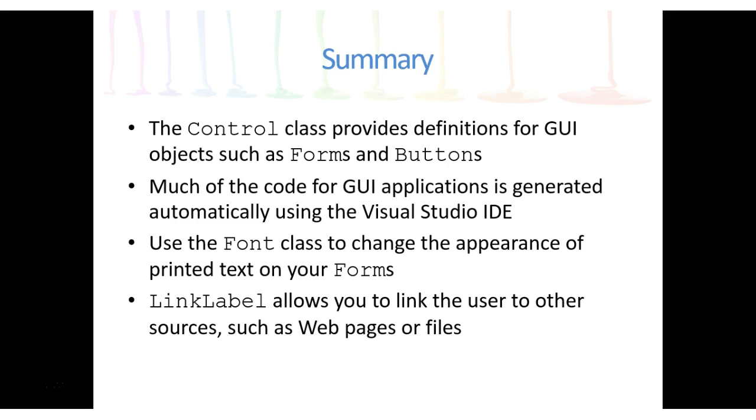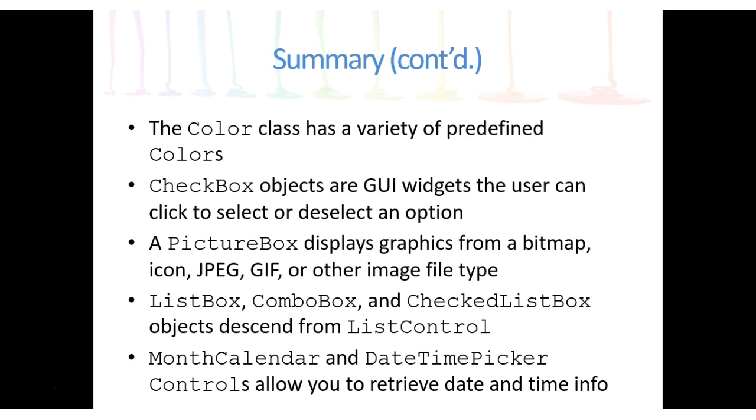In this lesson, you learned that the control class provides definitions for GUI objects such as forms and buttons. Most of this code is generated for us automatically through the IDE. We're going to use the font class to change the appearance of text on the forms. We'll play with link labels, which allow our labels to become links, such as a hypertext link to go to another web page or to open a particular program or file.